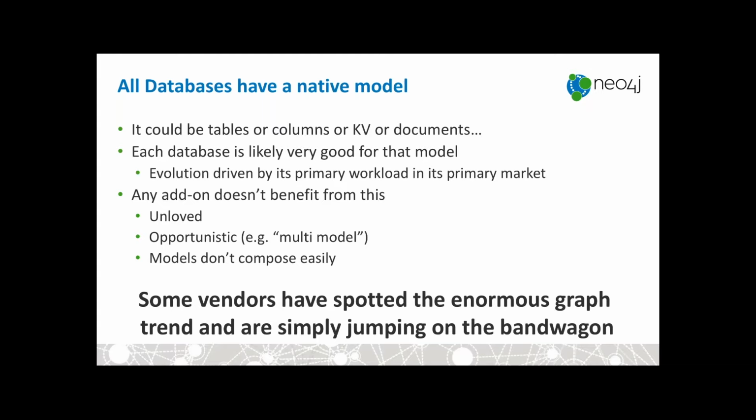So you see things like Cassandra, it's built on this wonderful hash ring style idea so that data can be spread around a cluster evenly. We've seen things like MongoDB, document databases, which are built on the kind of classic B tree, where you have an index that sits atop the documents that ultimately store your application data and so on. So each of these databases has a native model. And I'm going to speculate, having not seen the implementations of many of these databases, that they're really good at that.